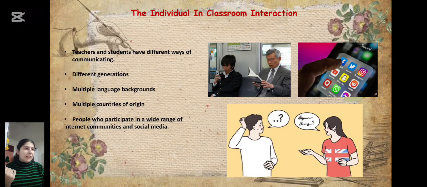For example, now they're really into social media and they learn a lot of things from there, and they have their own memes and their own jokes. So sometimes for teachers it's really hard to understand what their jokes and their memes are.